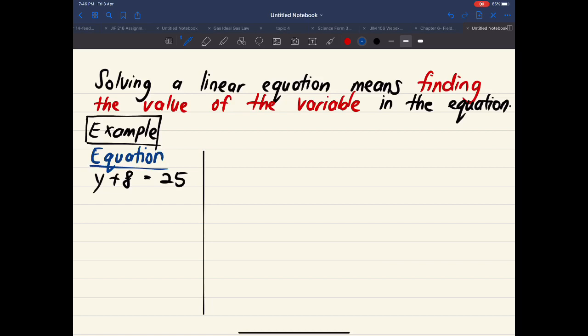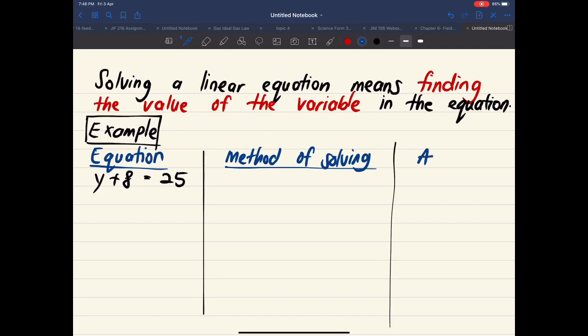This is the equation, and here would be the method of solving. The third part would be the answer.